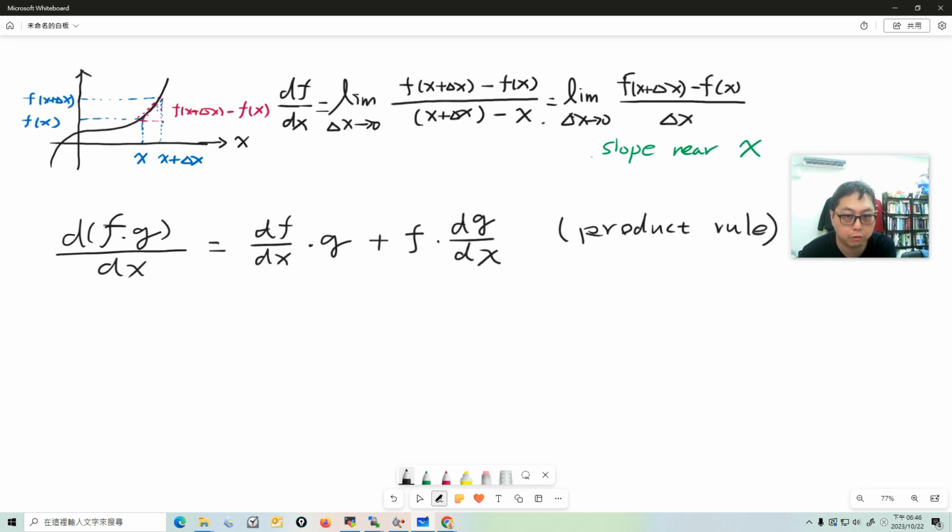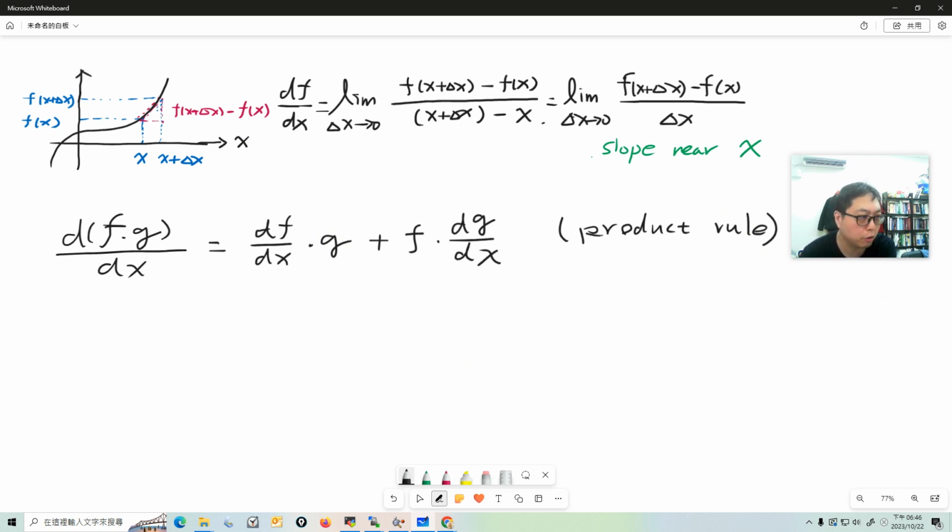To prove this, we just go back to the original definition of derivative. The derivative is just the tangent, or slope, near a point x. So we put everything together.